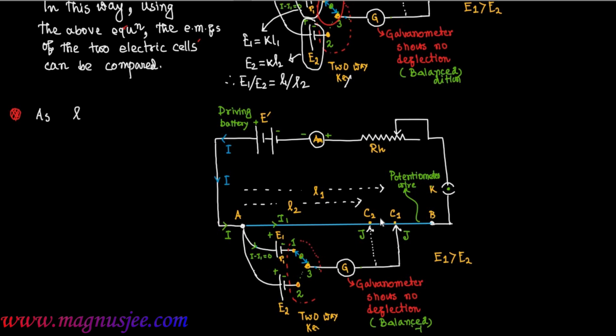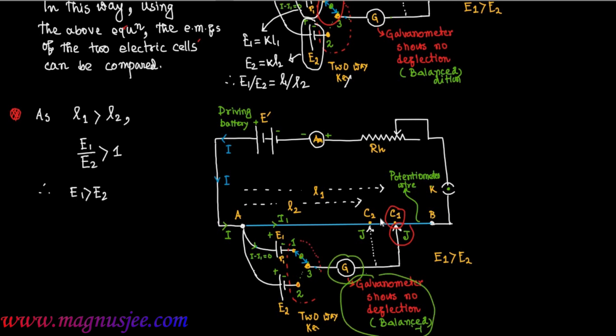In the diagram, as L1 is greater than L2, E1 by E2 will be greater than 1. Therefore, E1 is greater than E2. When the jockey J is pressed with the point C1 of the potentiometer wire, the galvanometer shows no deflection and the point C1 is at a distance L1.